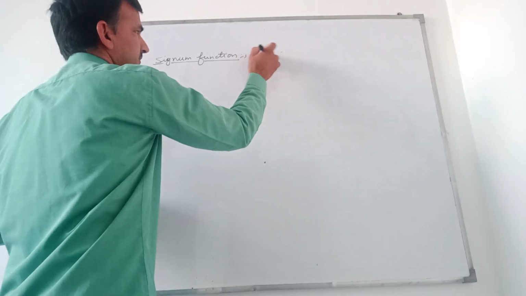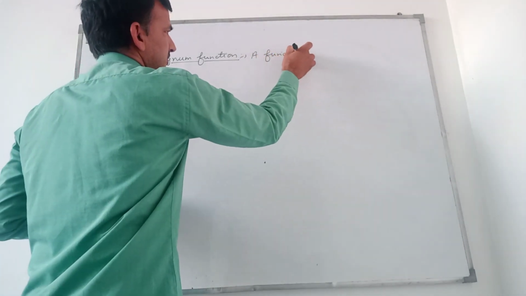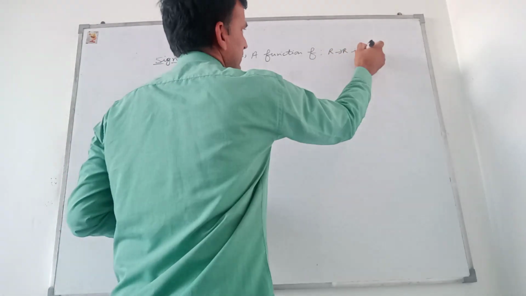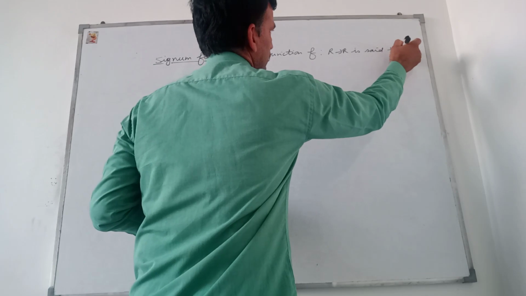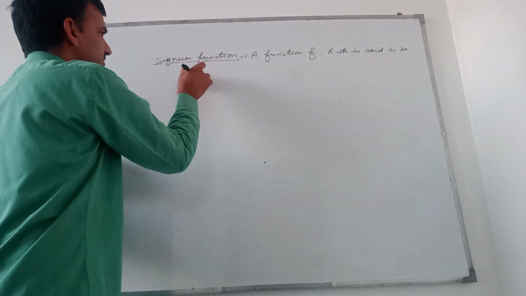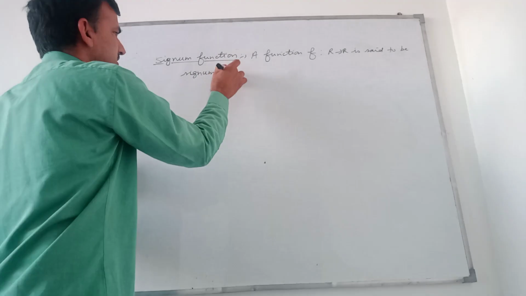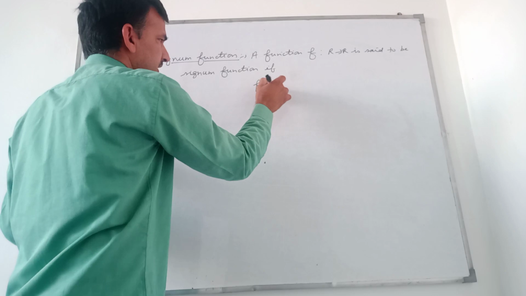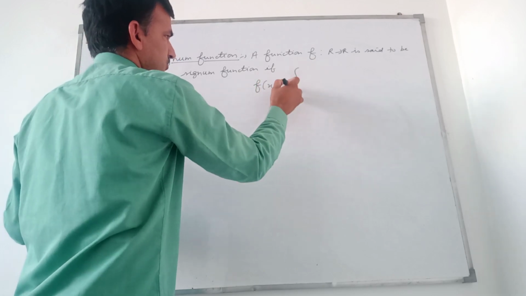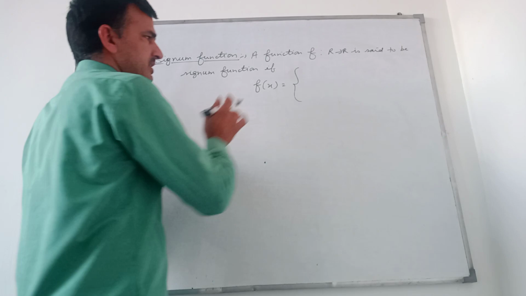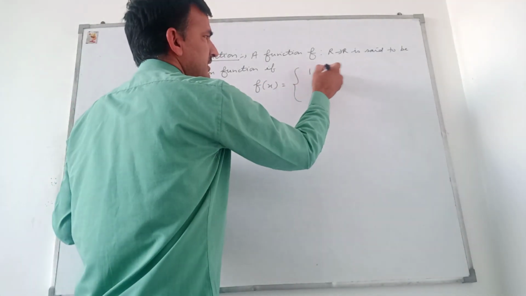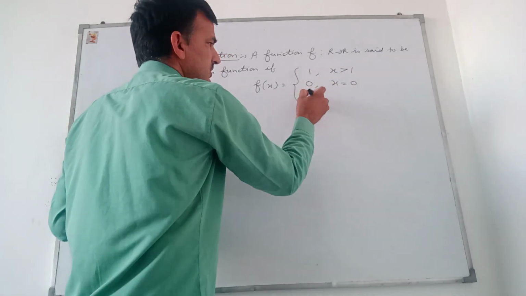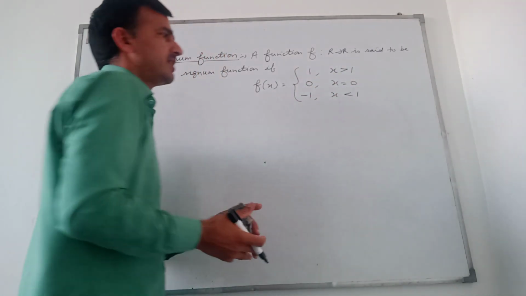A function f from R to R is said to be the signum function if f of x is equal to 1 if x is greater than 0, 0 if x equals 0, -1 if x is less than 0.